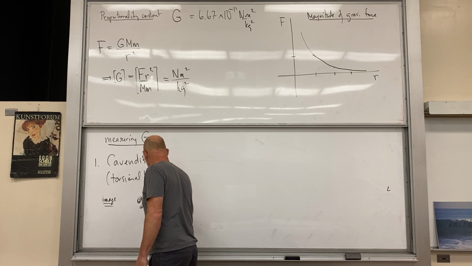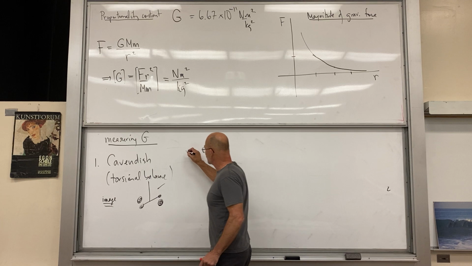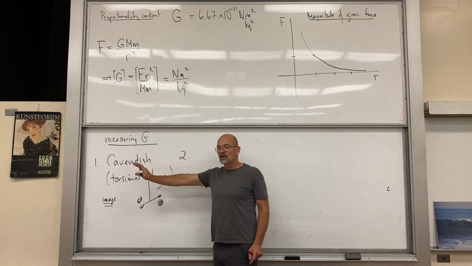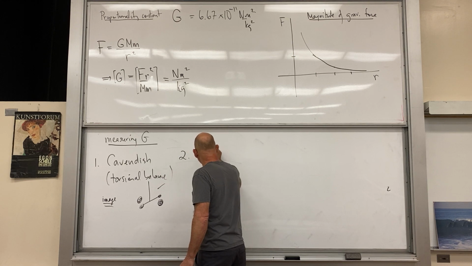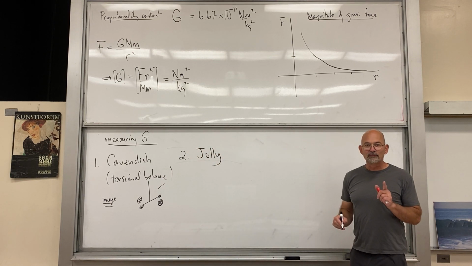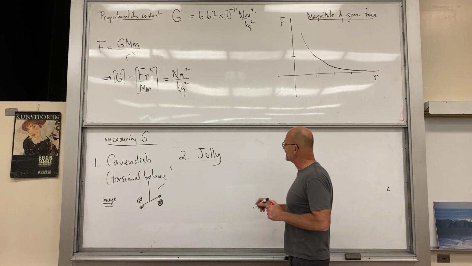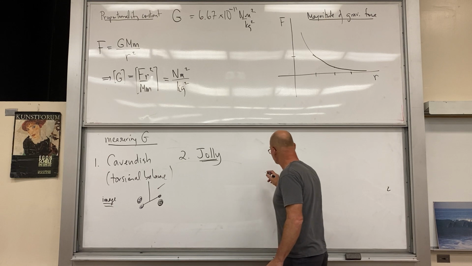And I'm just going to leave that there because the second method, which was after Cavendish, so Cavendish gets all the glory, okay, but a second worker named Jolly has a more transparent method of measuring G. And so this is the one I'm going to sketch for you.